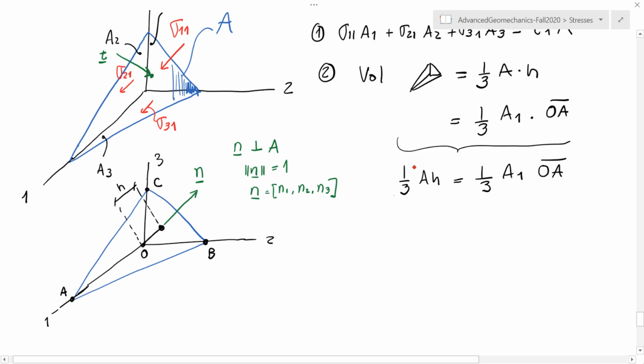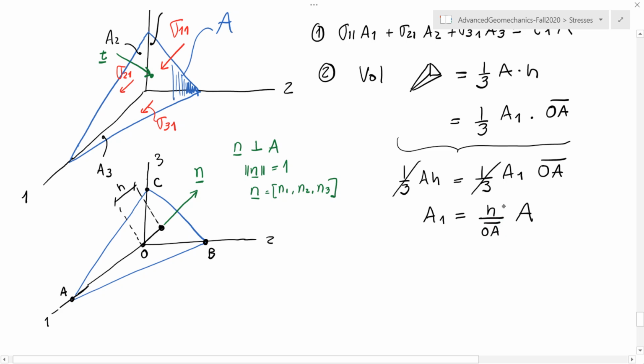This equality is going to mean that I can get rid of those 1/3, and it allows me to write each area as a function of the main area, where the main area that I'm considering is A. So A1 is going to be h divided by the distance OA.